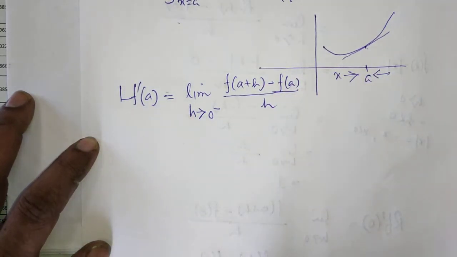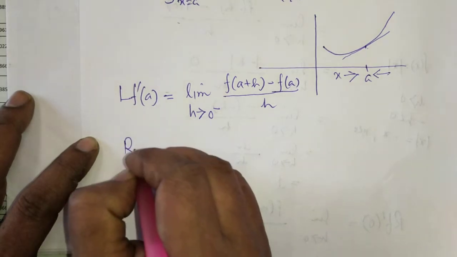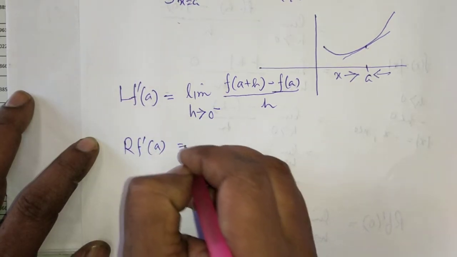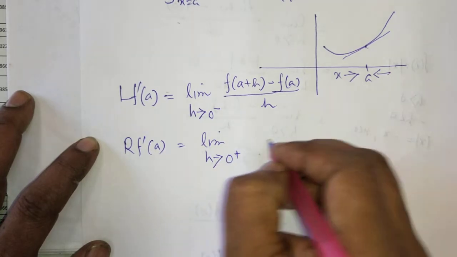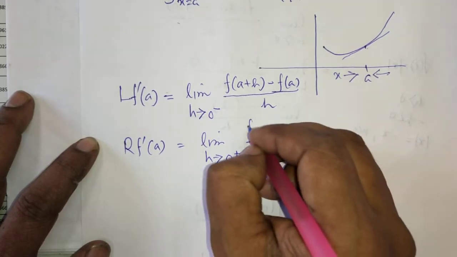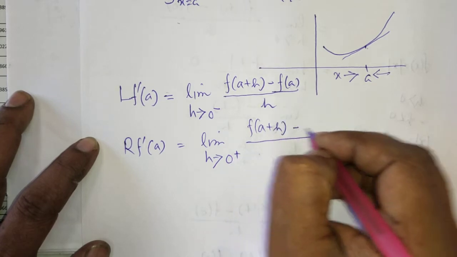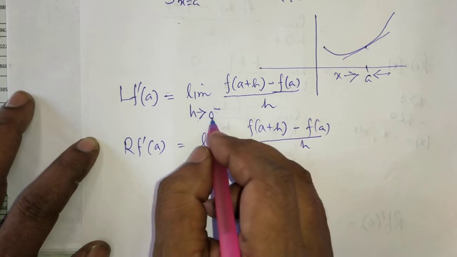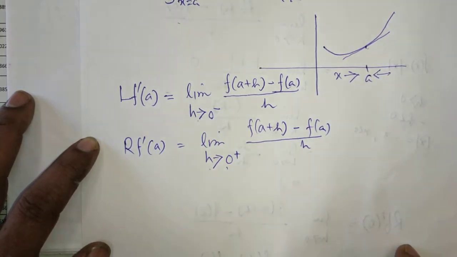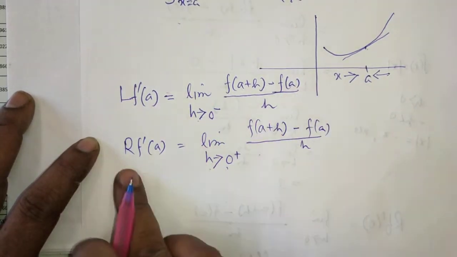This is the definition of the left hand derivative. And Rf dash a is limit h tends to 0 plus. Both expressions are the same, but there is a little distinction. One is h tends to 0 minus, another is h tends to 0 plus. This is the left hand derivative, this is the right hand derivative.